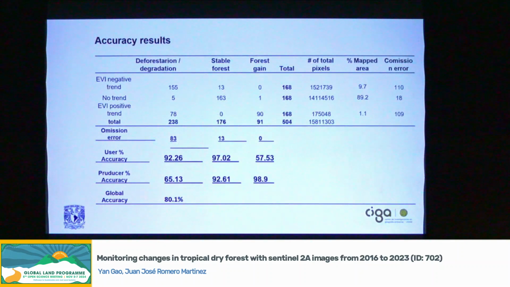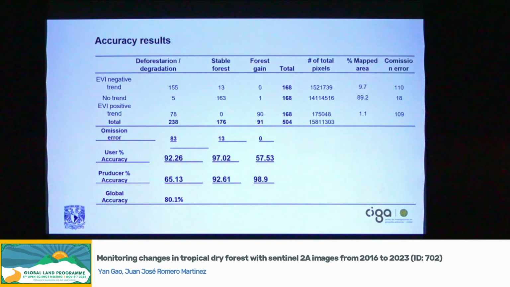Here you can see the global accuracy is around 80%. For the majority, stable forest, that means during that period we have not detected any change. There are also some negative and positive areas, which are related to degradation and recovery.